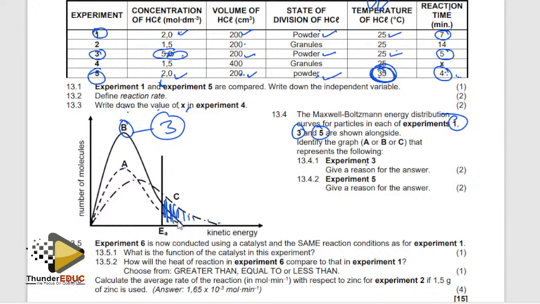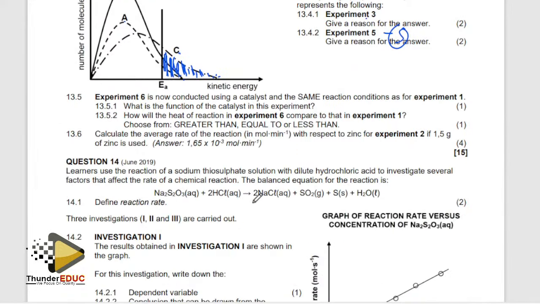Don't forget, they can ask you what this shaded area is. These are particles with sufficient energy to react. So automatically C is going to be reaction 5. Why? Because it completes the reaction very fast, and also has the high temperature. It means that the particles have sufficient energy to react. Do you understand? Yes. So that becomes number 3. So it's cool.